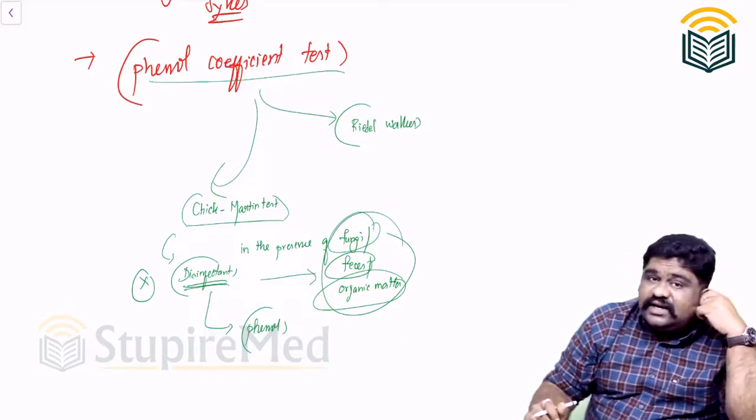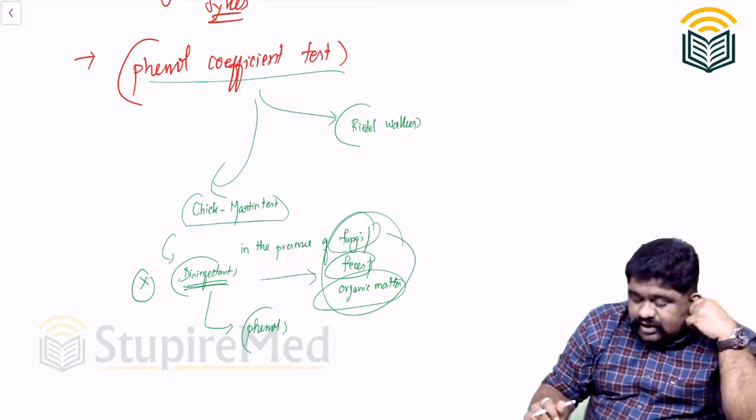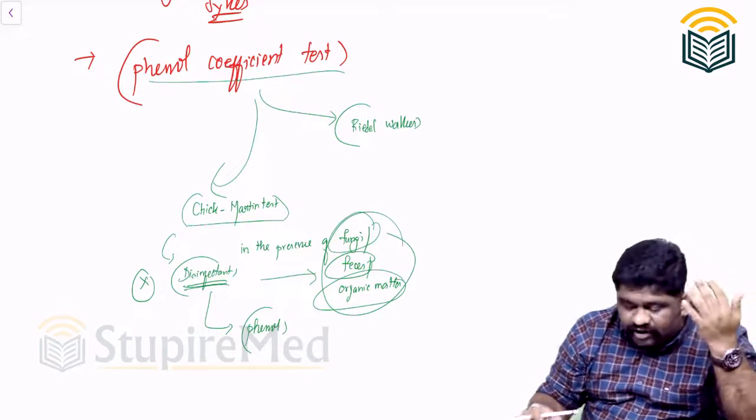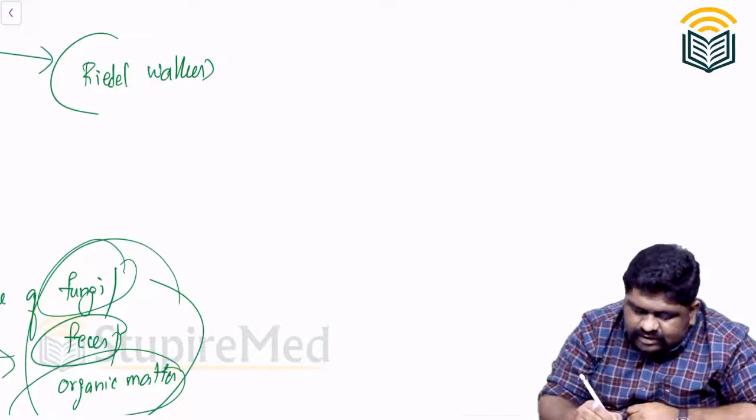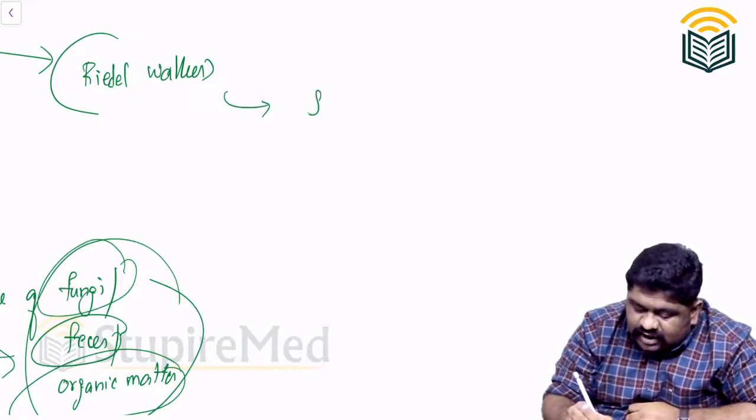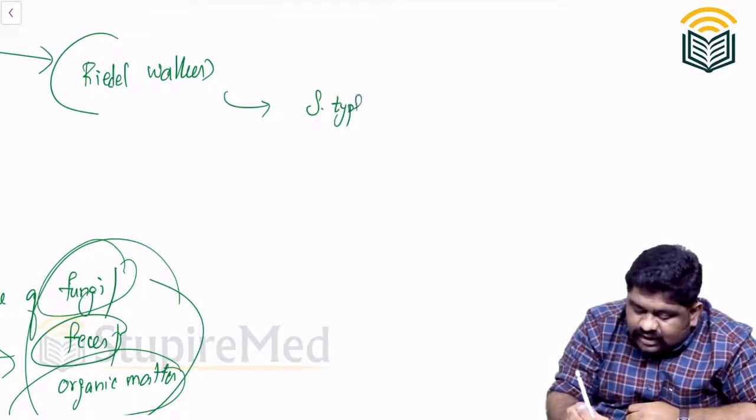Likewise, phenol is taken as a standard in coefficient activity, so the disinfectant will be compared to the efficiency of phenol. The same thing can be done in case of the Riedel-Walker test. You're trying to compare the performance of any disinfectant with that of phenol, and this is done in case of a special organism called Salmonella typhi.